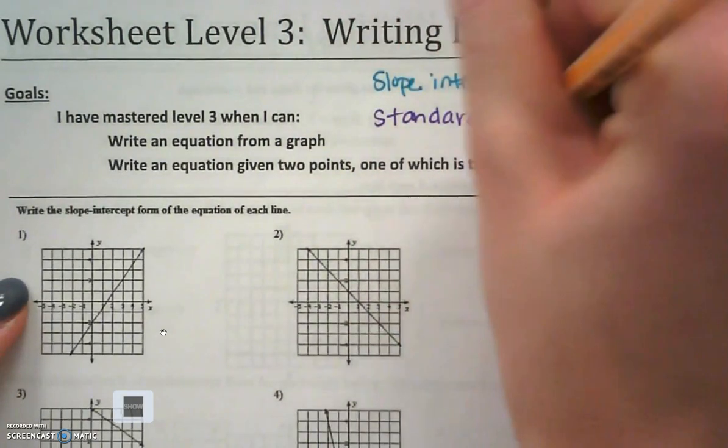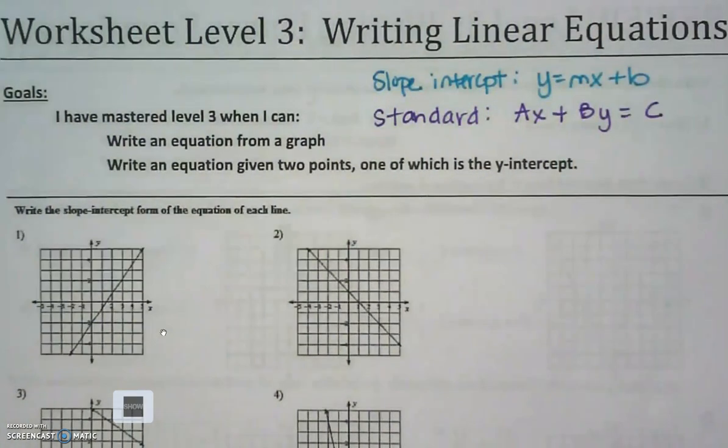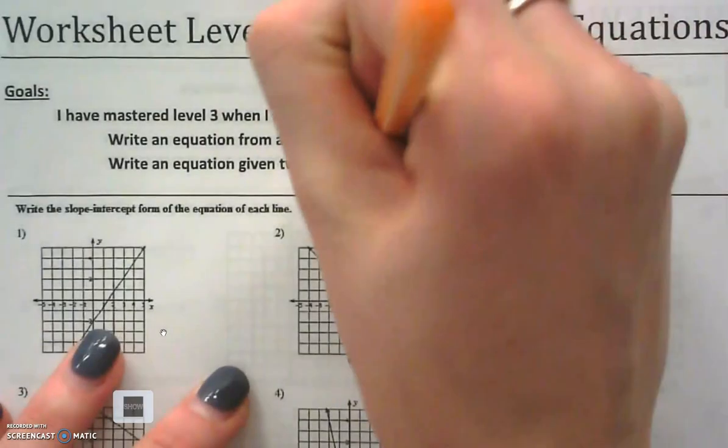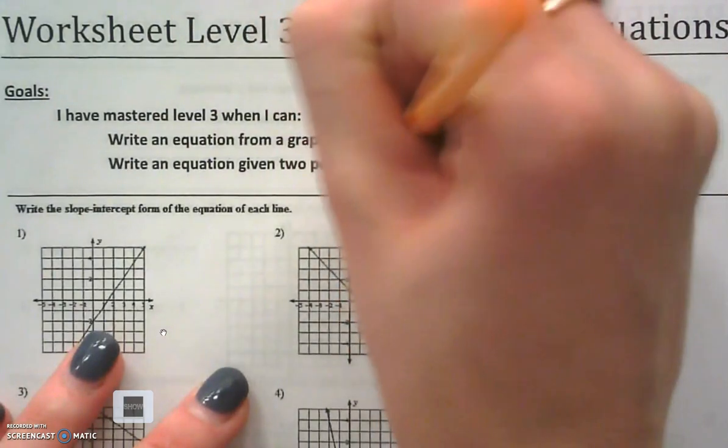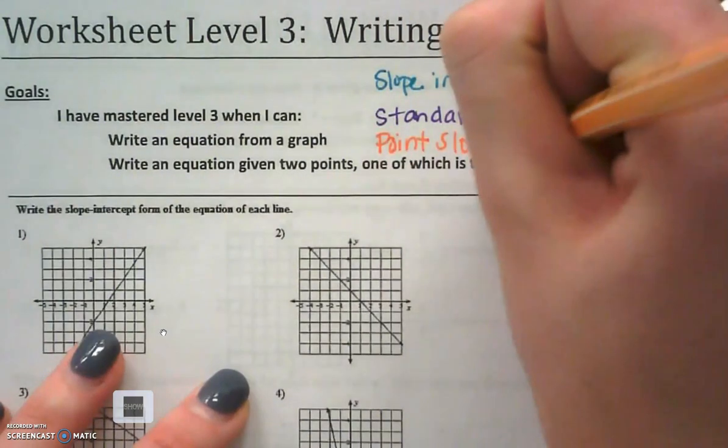That's ax plus by equals c. Or there's a final version called point slope form. So we can write it in point slope form. Y minus.